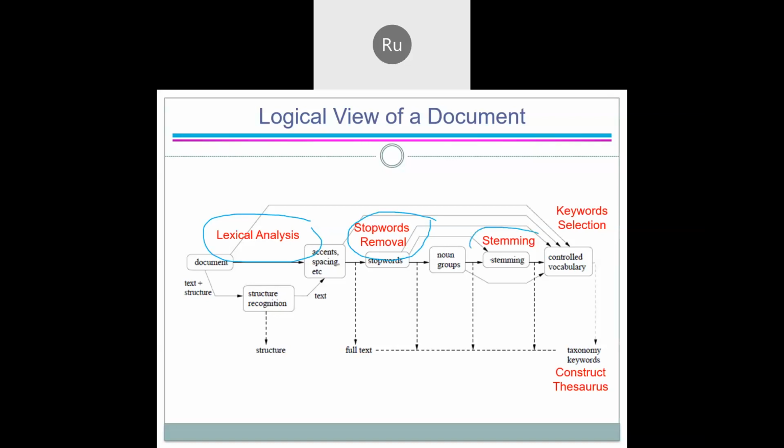There is also a study on how we perform stemming for English or even for Malay language. For example, makan, makanan, or dimakan, or dimakankan. All of these come from the root word makan.